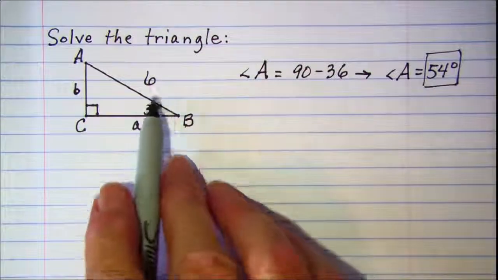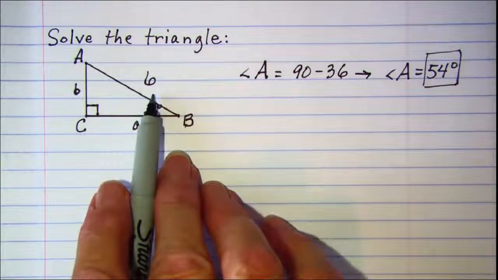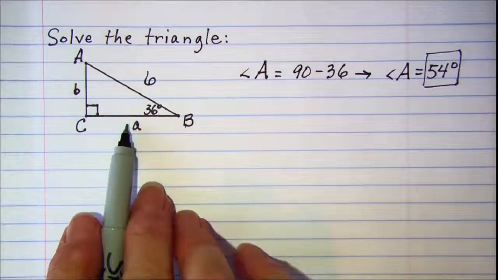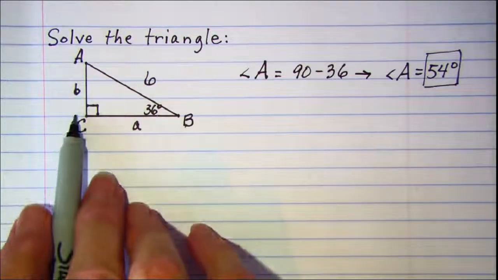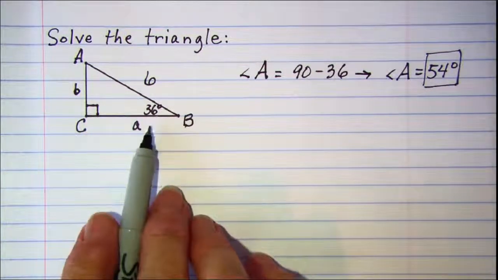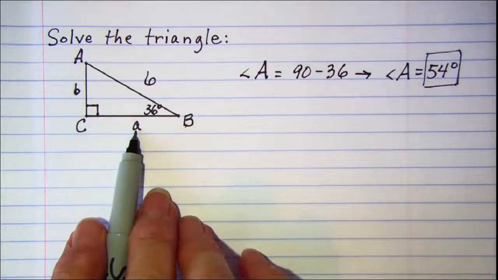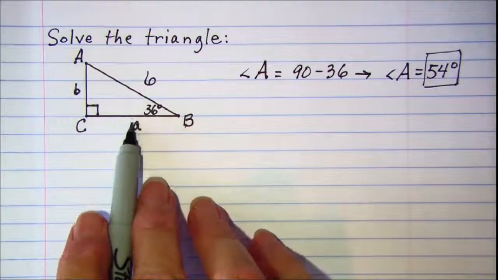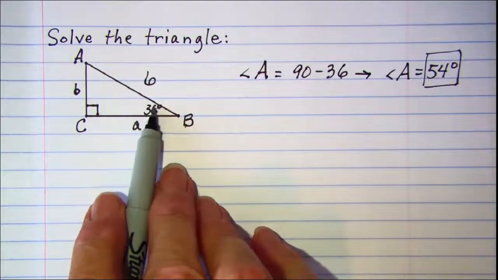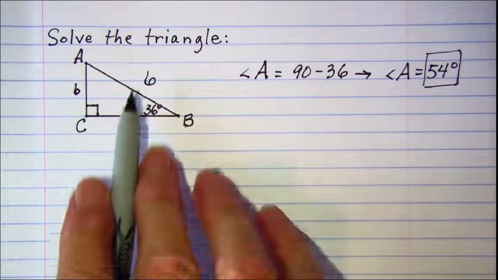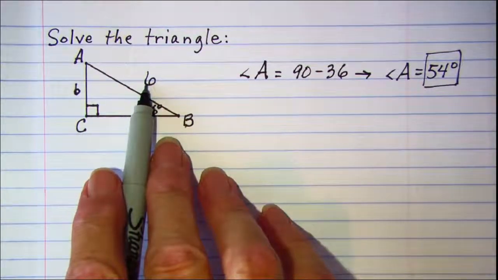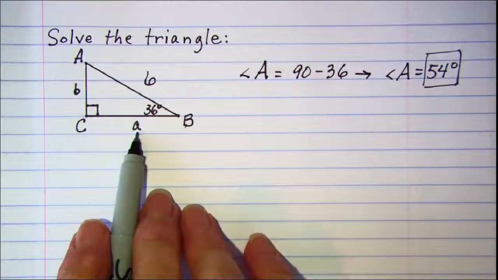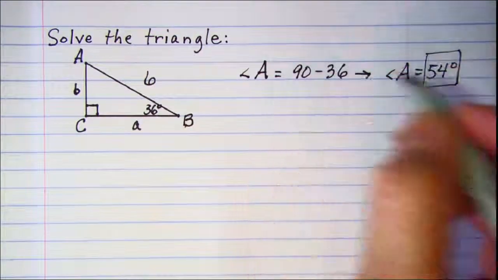Then we're told the hypotenuse is 6, and we still need to find side A here and side B here. So let's find side A first. We know that A is the adjacent side for angle 36, and I know the hypotenuse. So the trig function that I would use with these two sides would be cosine.